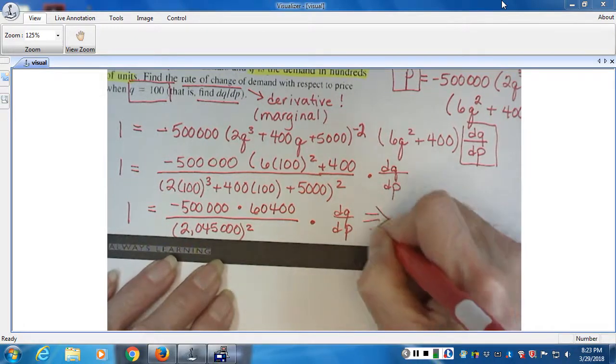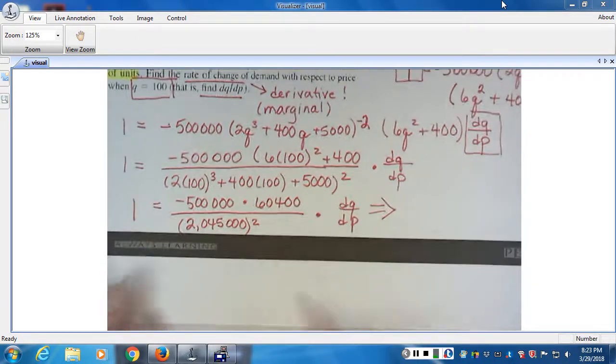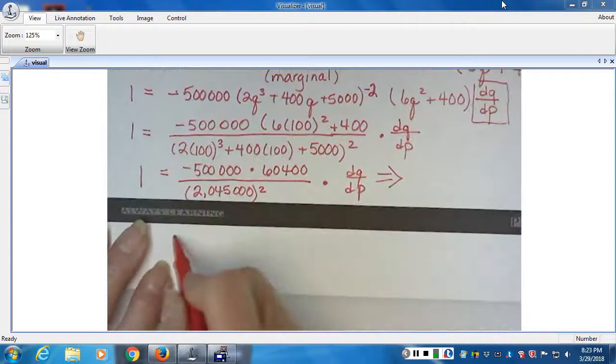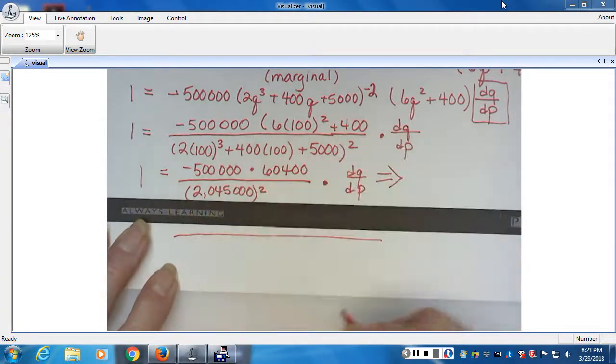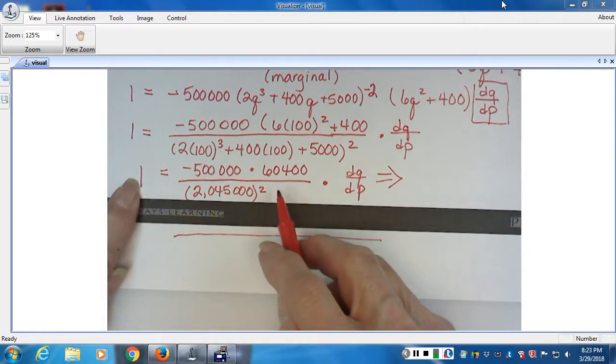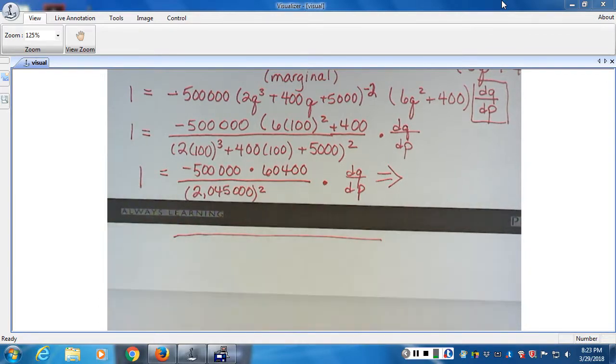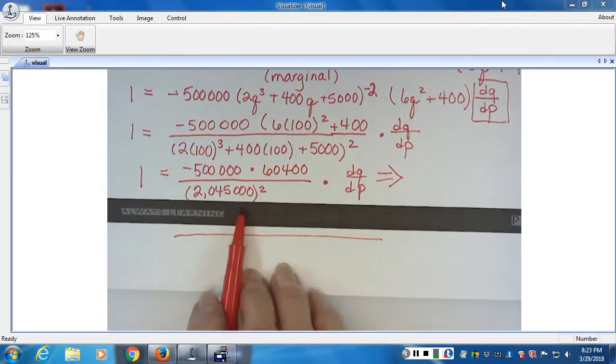Well, actually what we're going to do is we're going to divide both sides by that. Okay? But when I divide 1 by that, what I'm really going to do is take that thing I'm dividing by and flip it over and multiply times 1. Okay? 1 over that looks like this.